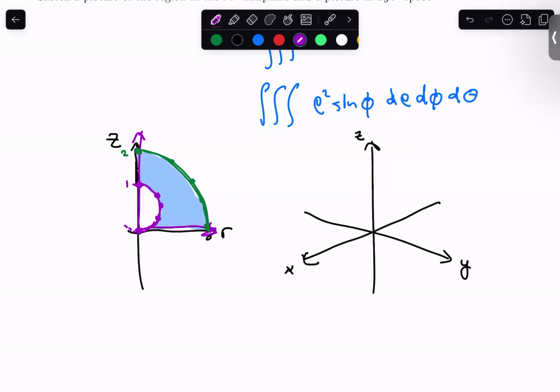So if I take this purple curve here, which right now looks like a little half circle, and I spin this around the z-axis, my claim is we get a sphere. And if we were to take our green curve here and spin this around the z-axis, we get this hemisphere.